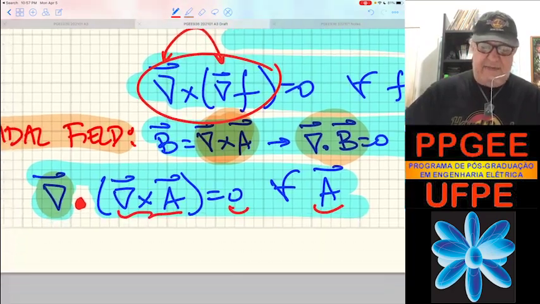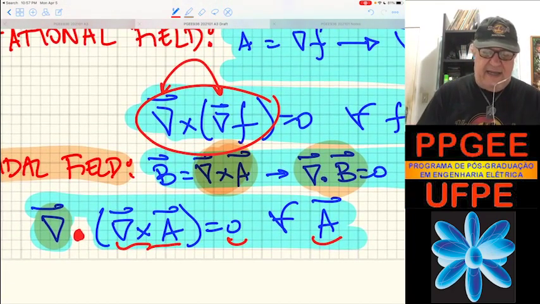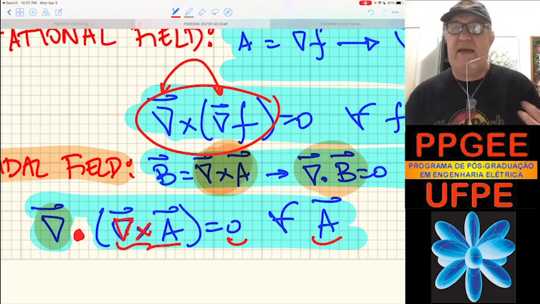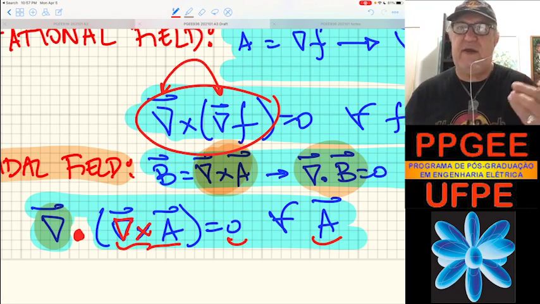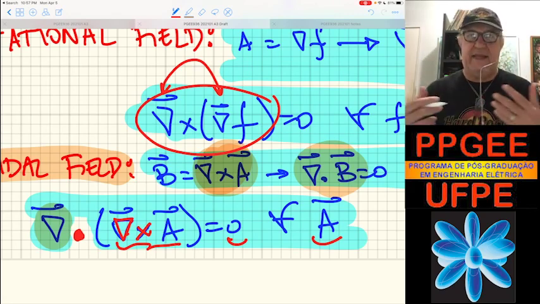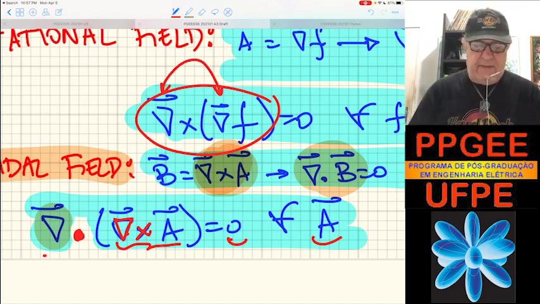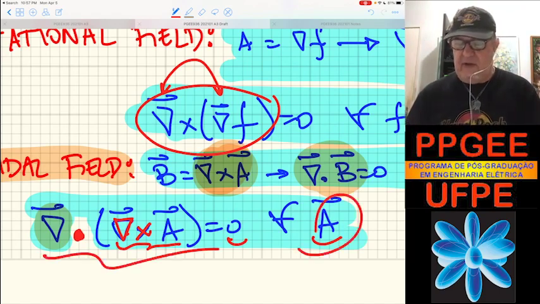Same thing here, right? Nabla dot a vector that is orthogonal to nabla. Even though nabla is not a vector, it is an operator, you can think about that to infer that this is always going to be 0 independent of A.